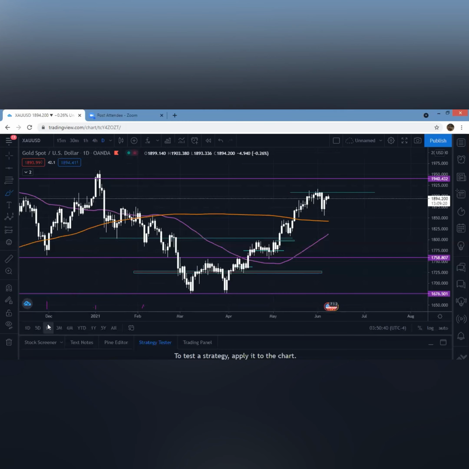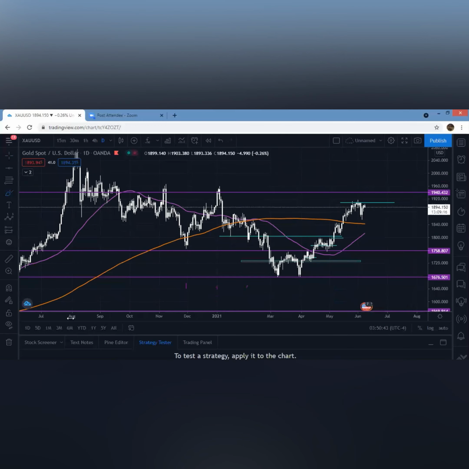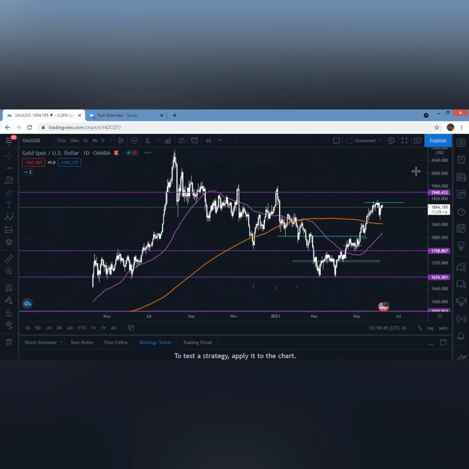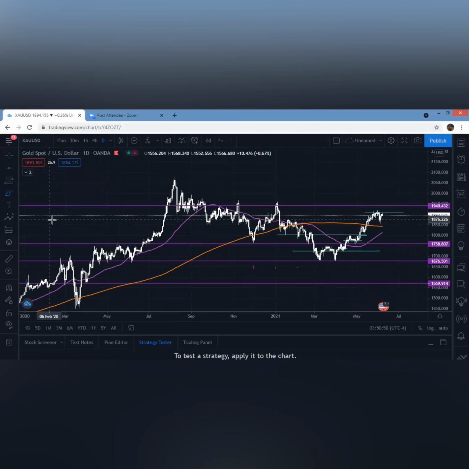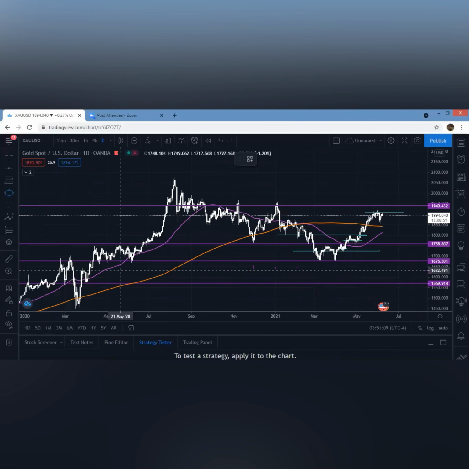And as you can see, if we go back in time with gold, one thing that I've learned since I've been trading is that the market is always testing and retesting places that it's already been before. So, for example, you could see here, instead of a square, let's do a circle. You can see here back in June, this was June 2020, right?